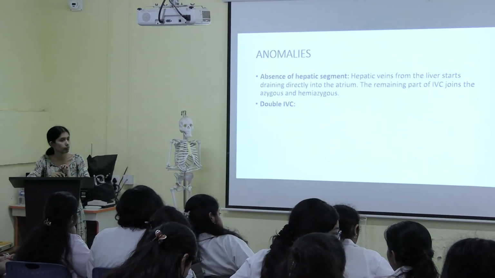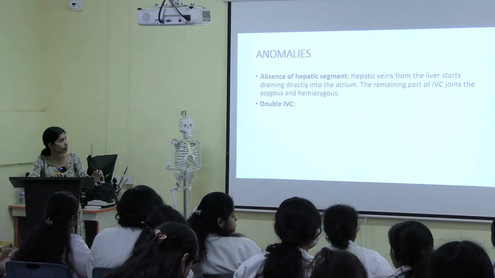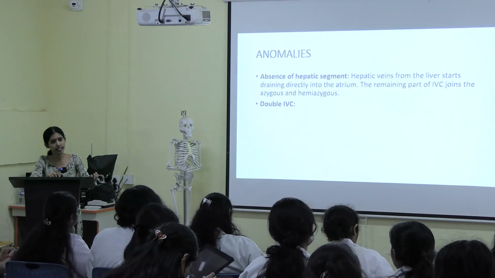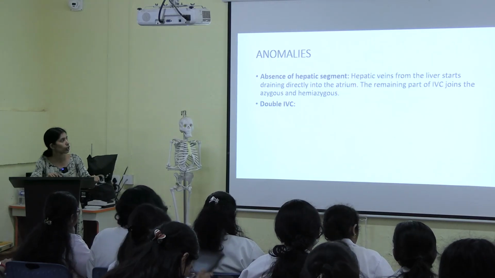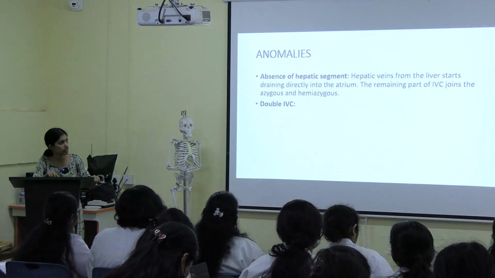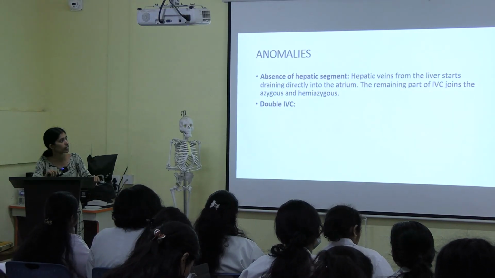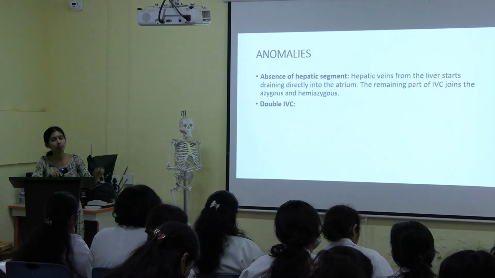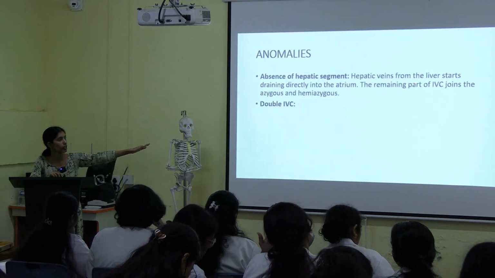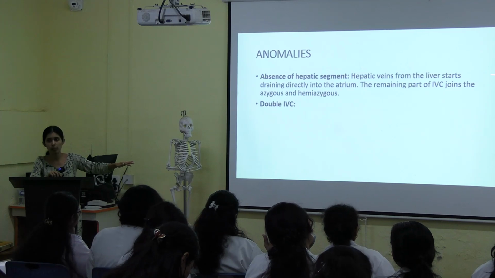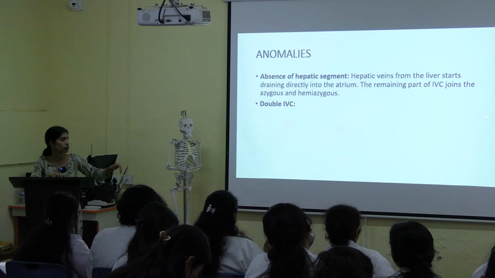Absence of hepatic segment: hepatic veins from the liver start draining directly into the atrium if there is no presence of hepatic segment, and also the remaining part, that means the pre-renal, renal and post-renal part, will join the IVC, and the part of IVC will join directly into your azygous and hemiazygous vein, because this is the lower part. In the upper part I already mentioned we have azygous and hemiazygous sets of vein.